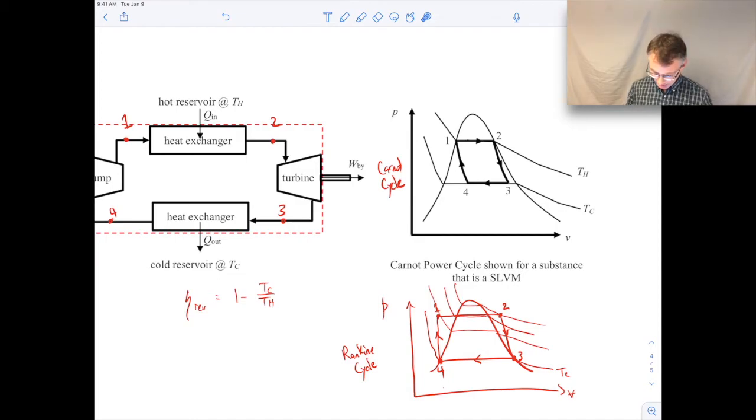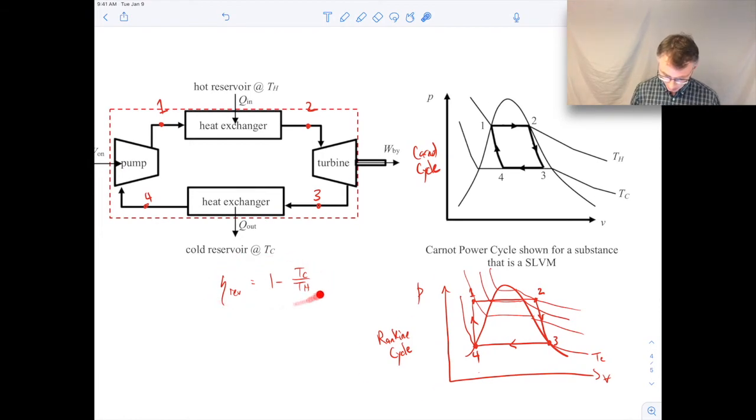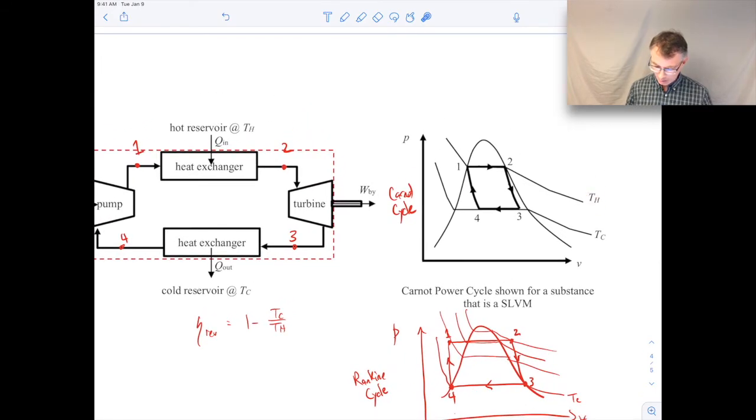And so what ends up happening is for an ideal Rankine cycle, when I go to this expression to calculate the thermal efficiency, the TH is not necessarily the same TH that you would have in the Carnot cycle, where it's just a constant TH. Here the TH varies. And so what you'd find is that in the ideal Rankine cycle, the average TH is actually a little less than what you'd have for the Carnot cycle.